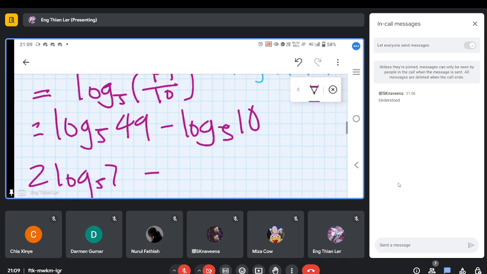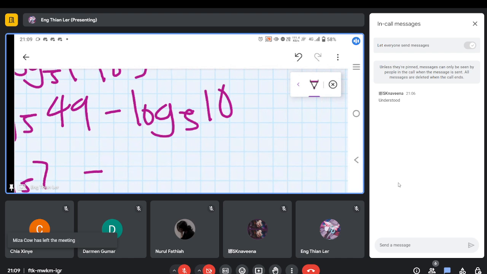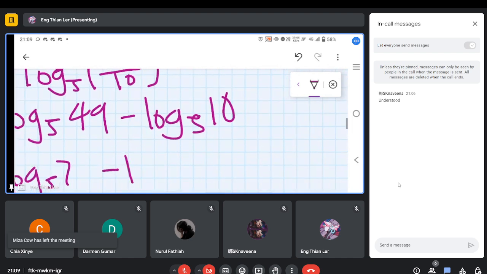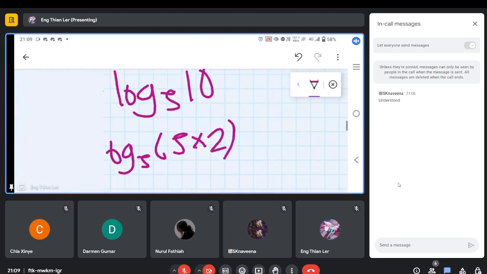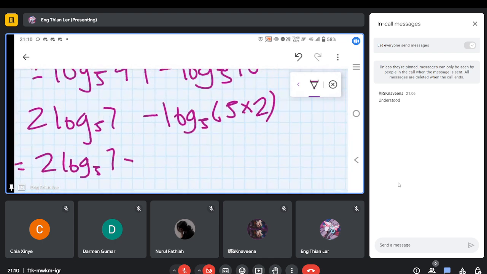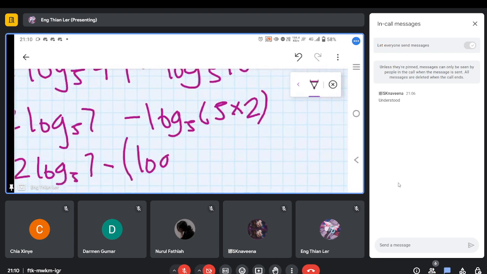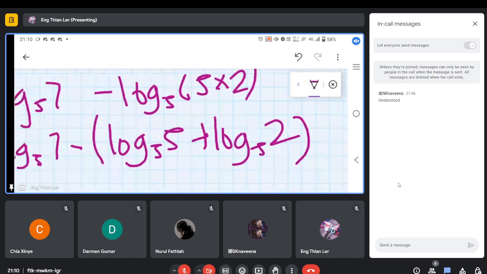Okay, so now let's look at this. This 10 can be further simplified into 5 times 2. And based on the law of logarithm, we will need to add. So minus log 5 base 5 plus log 2 base 5. Alright? So look at this.